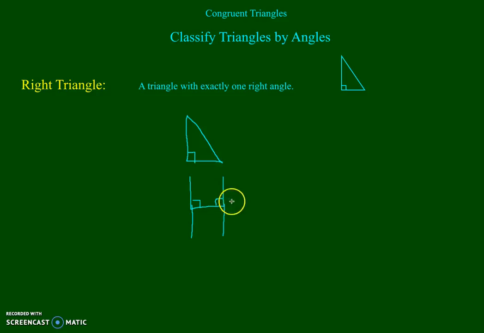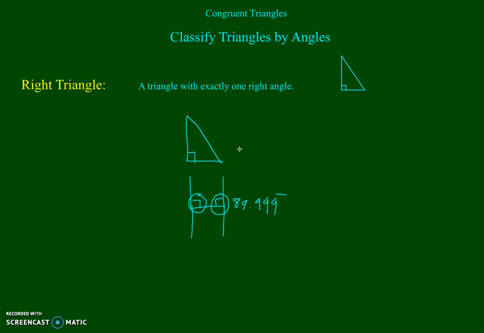Now, if this angle were 89.999 forever, this may go out a couple hundred thousand miles, but eventually these two would meet, and these lines are not parallel. But because of this mark and this mark, these angles are 90 degrees, so this cannot be a triangle. So that's why you can't have more than one right angle in a triangle, because it wouldn't be a triangle. It wouldn't even be a polygon, because a polygon is a closed plane figure with three or more sides.